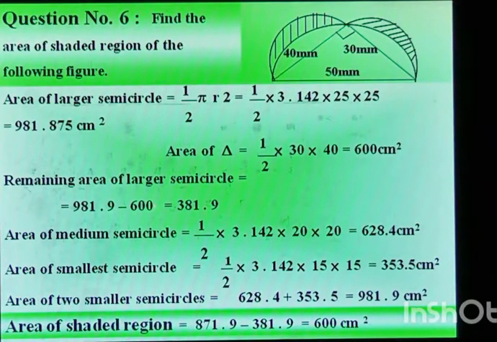Then finally we are supposed to add up all these values. For area we are supposed to find components separately, so what we will do is we want to find the shaded region. So area of the shaded region would be equal to the total area of the whole picture minus the area of the larger semicircle.